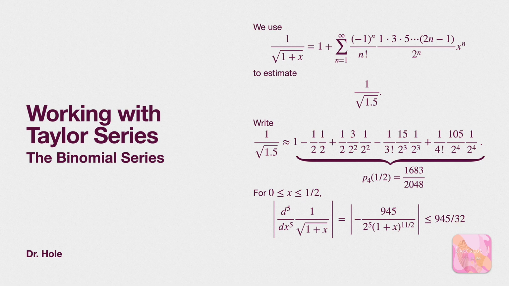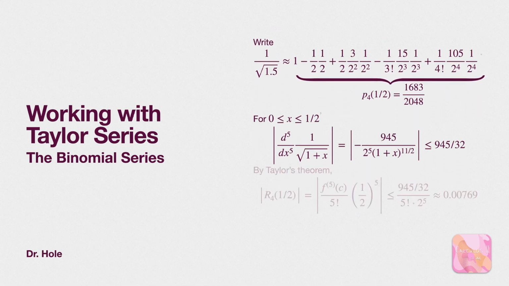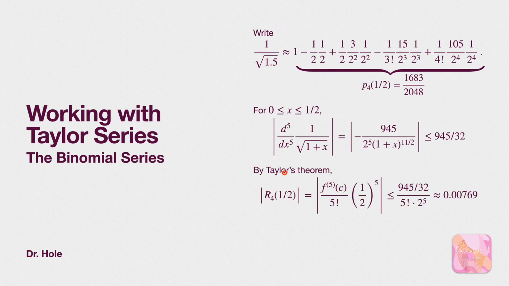Okay, let's bring this together. We look at Taylor's theorem. Taylor's theorem says that the fourth remainder at 1/2 is exactly equal to this fifth derivative at some c in between 0 and a half divided by 5 factorial times the value x raised to the fifth, this value x.